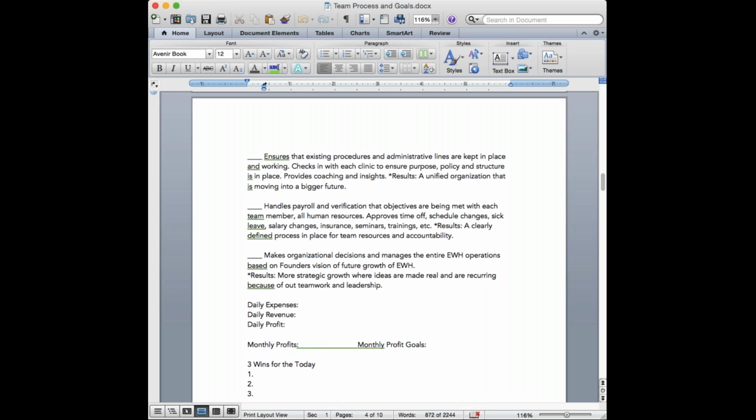And so you always want to make sure that those existing policies and procedures and administrative lines are in place. And so it's just a simple checking in, making sure the notes are documented right, and if they're not, help people understand, okay, we got to make sure we're taking care of these things, and then this is why. I always like to make sure people understand the why.